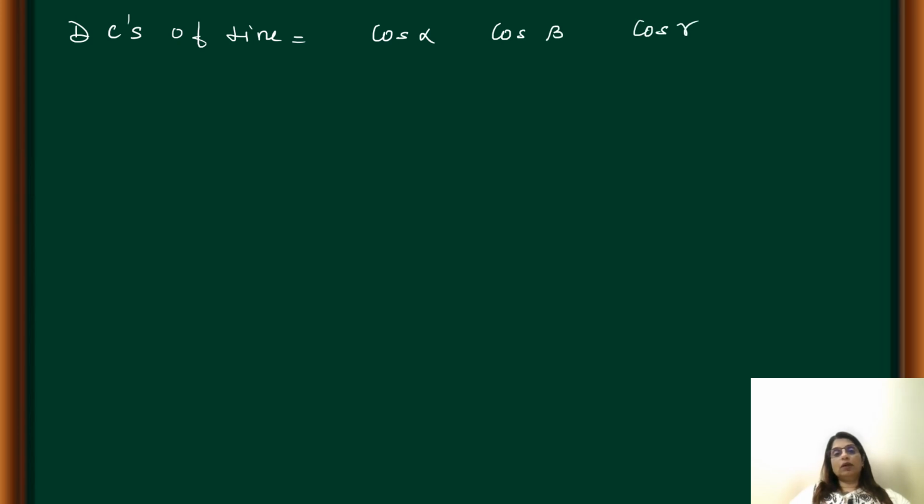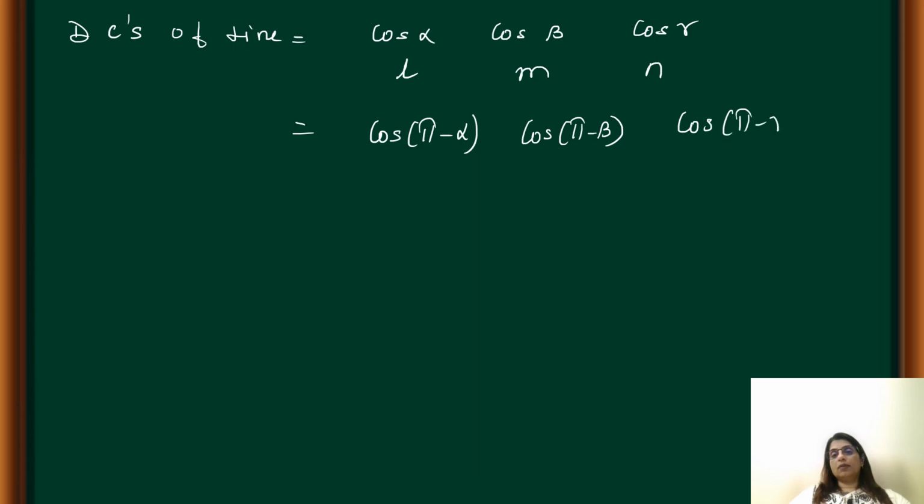We call them L, M, and N. And the other set of direction cosines that we figured out was cos of pi minus alpha, cos of pi minus beta, and cos of pi minus gamma.